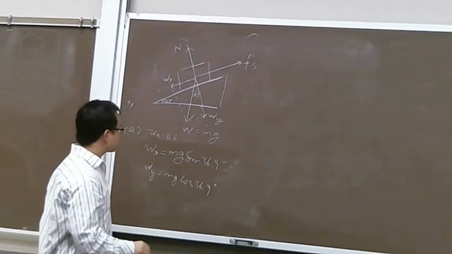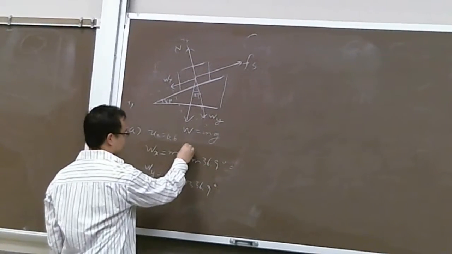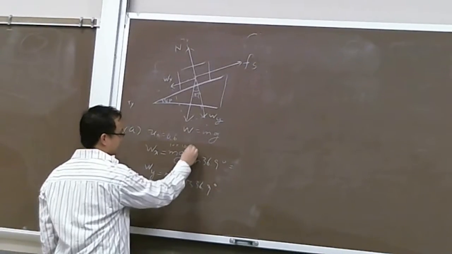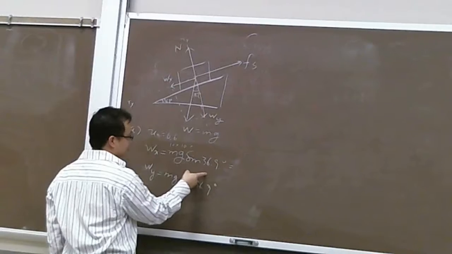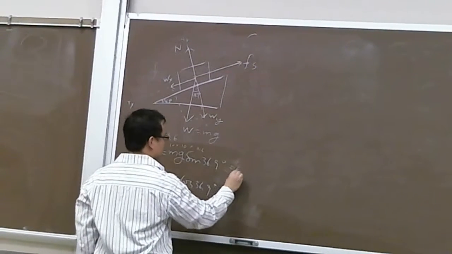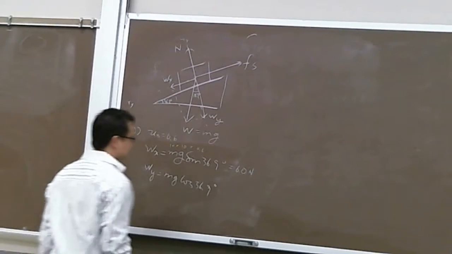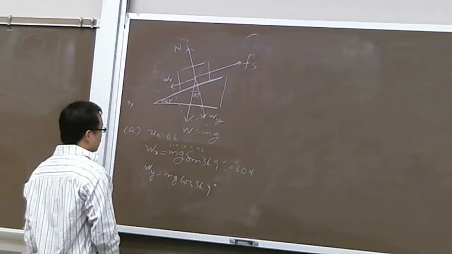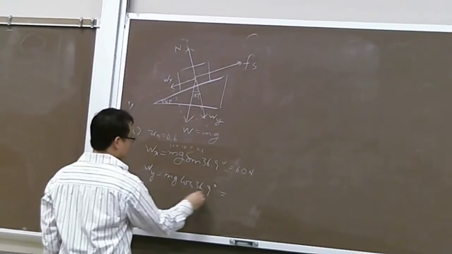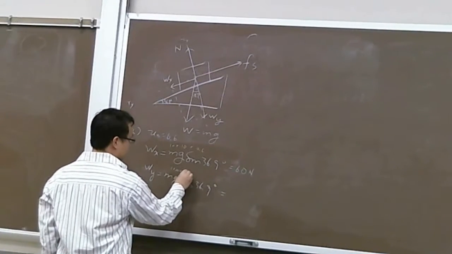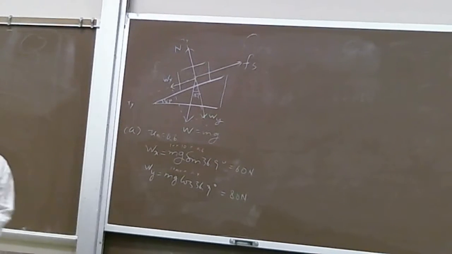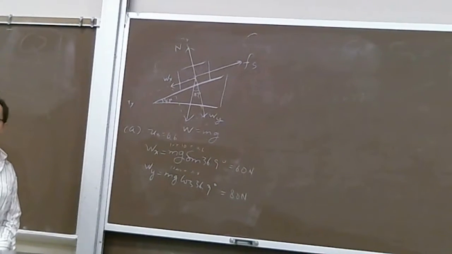If I use 10 for g for simplicity, then 10 multiplied by 10 multiplied by sine 36.9, which is 0.6, so it's 60. And Wy is 10 multiplied by 10 multiplied by 0.8, so it's 80 Newton. So Wx equals 60, Wy equals 80.